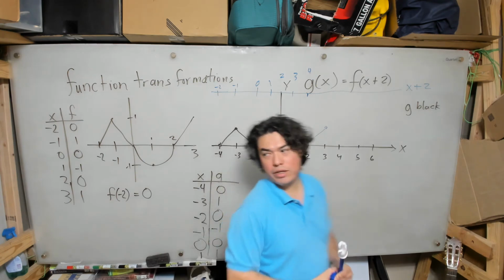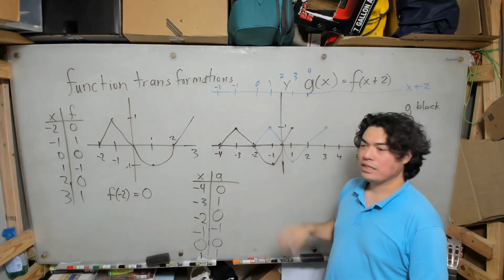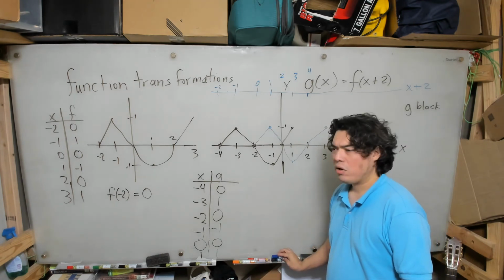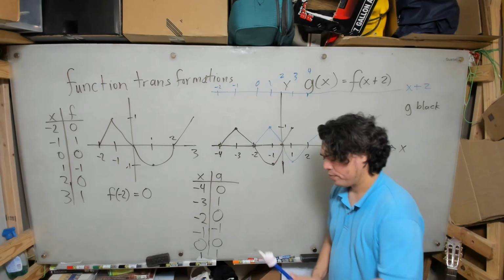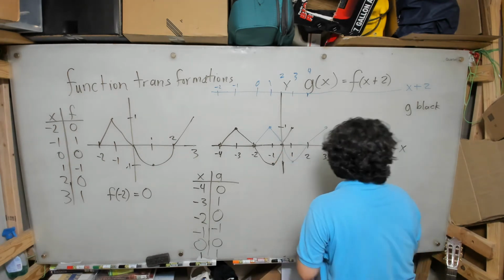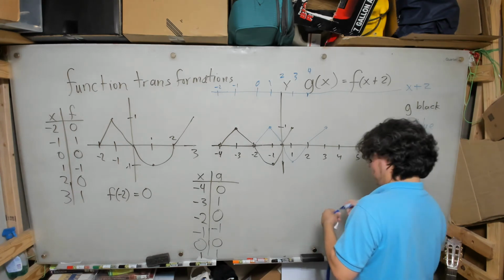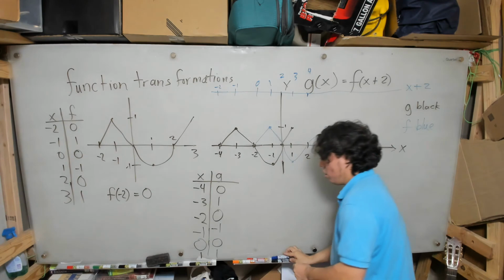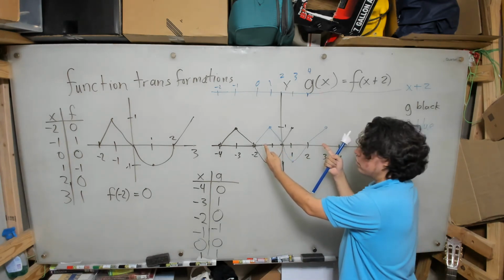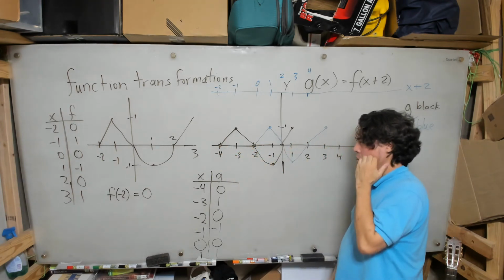By the way, I'm sorry that I'm not drawing the dots as well, but it's because I don't want to corrupt the marker prematurely. But now I want you to notice something here. In blue, I have the original f. Notice, this graph has indeed been shifted 2 to the left, as we predicted.